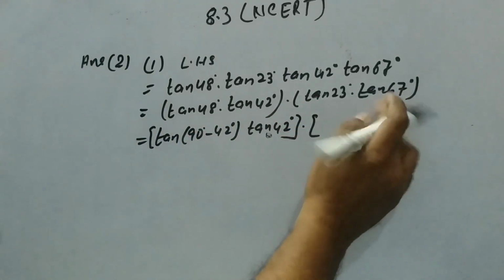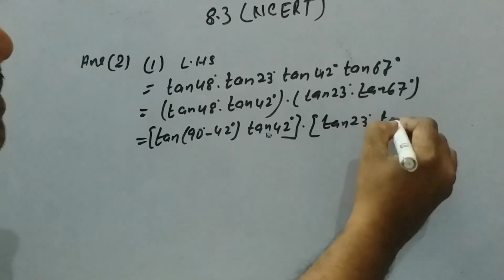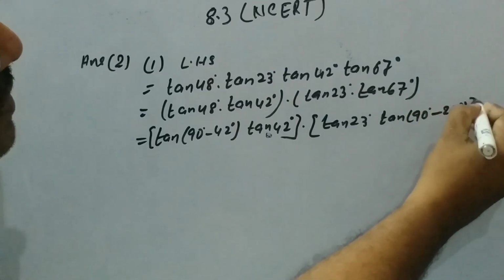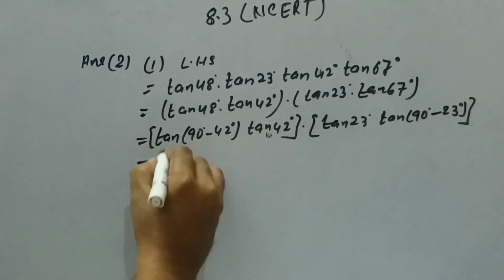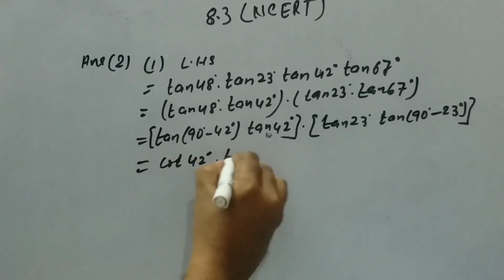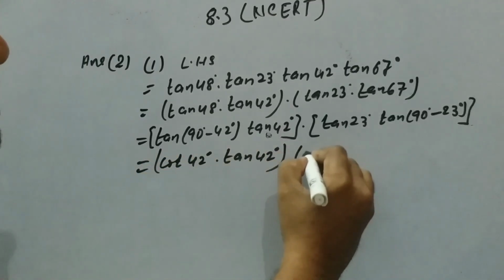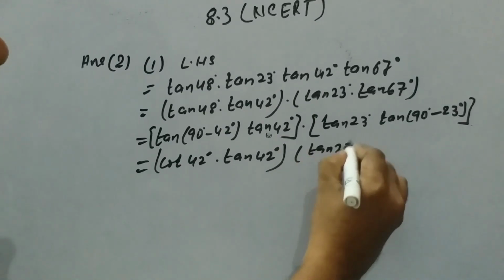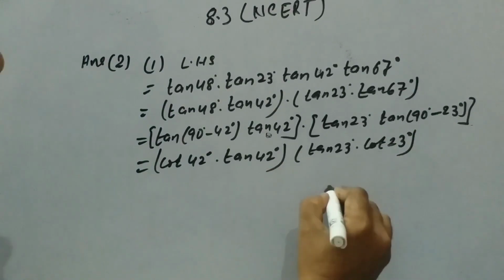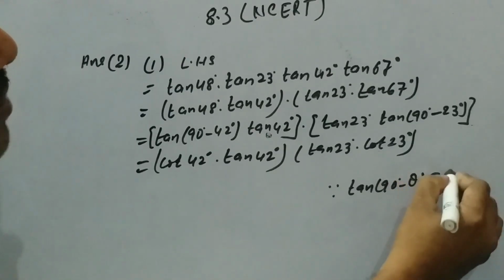And you will change this one, tan 23 degree, and this is tan of 90 degree minus 23 degree. And this becomes cot 42 degree into tan 42 degree, and this is tan 23 degree and cot 23 degree, since tan 90 minus theta equal to cot theta.